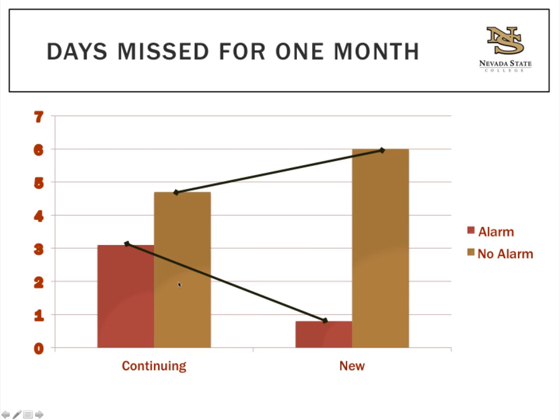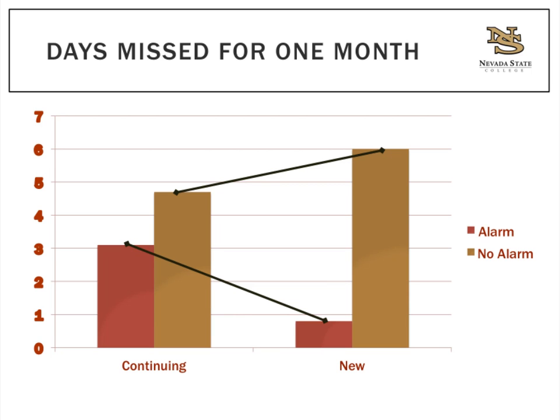The other way that you can think about these lines is if you were to extend them. So if you made this line keep going and you made this line keep going, at some point they would cross. Okay? And so if your lines look like they cross at some point, even if you're extending them in your mind, if they cross, that's an interaction. If they do not cross, then it is not an interaction. If they don't cross, the lines are basically doing the same thing.